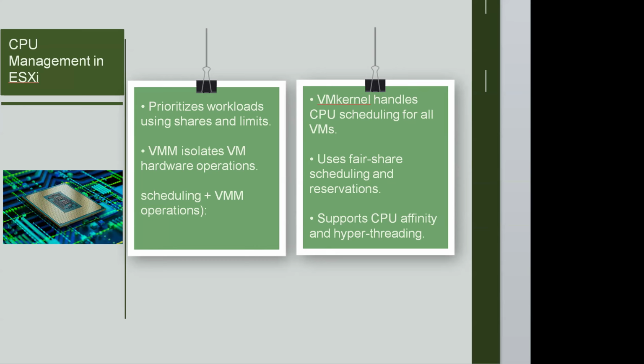It uses scheduling techniques to decide which VM gets CPU time at a given moment. It also supports CPU affinity, so this means you could pin a specific VM to a specific core. And it also works with technology like hyperthreading. Overall, CPU scheduling in ESXi keeps performance smooth, even when many VMs are running.